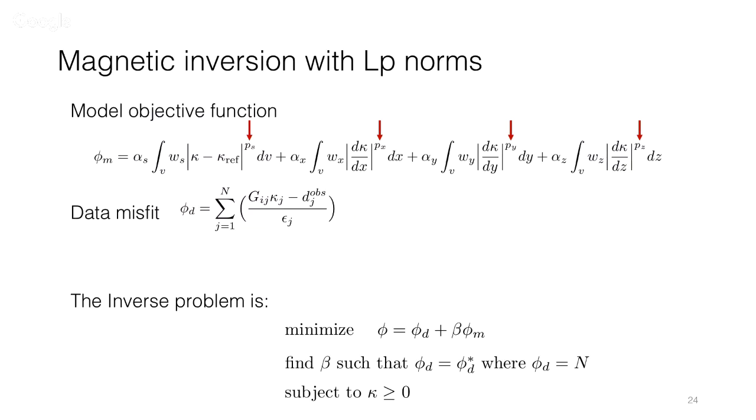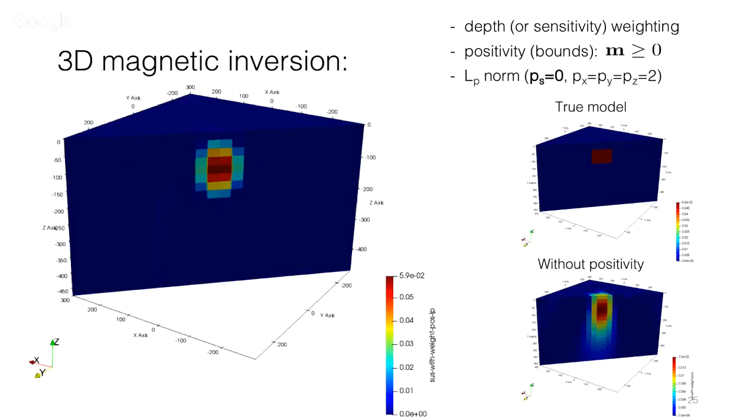We're going to change our p-norms here. So now the inverse problem stays the same. It's just that we're going to change the norms. So we have to change any of these from 2, 2. And if we chose this one, let's say p on the smallness, p is equal to 0. Remember, p equals 0 is minimum support. So it gives you a solution that has the fewest number of non-zero variables.